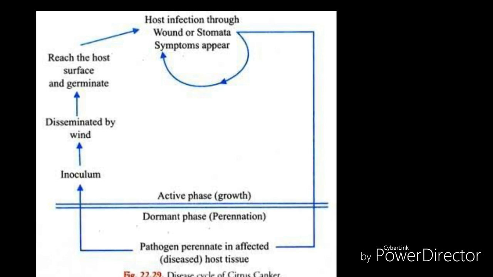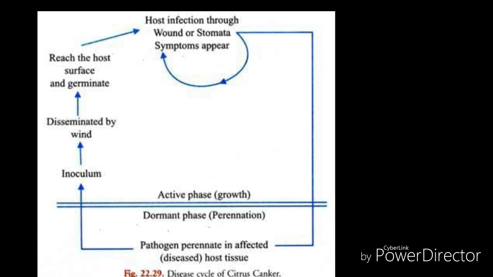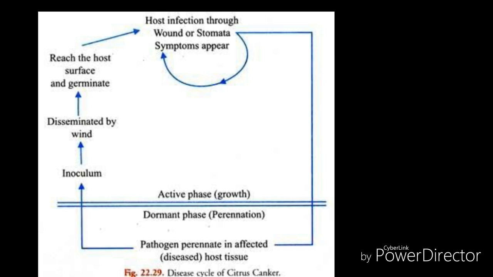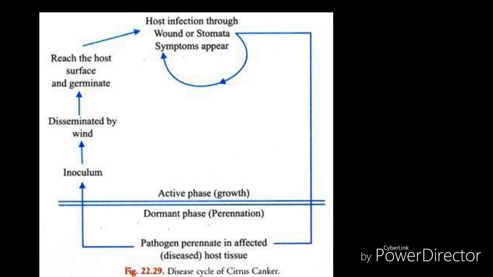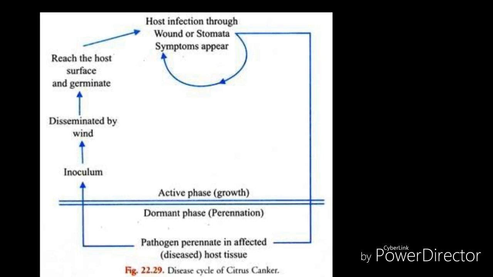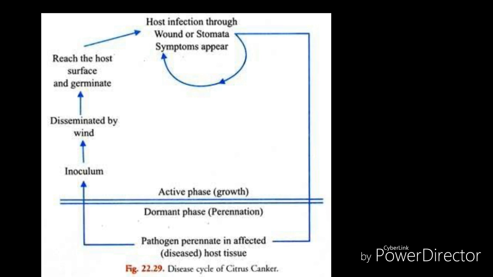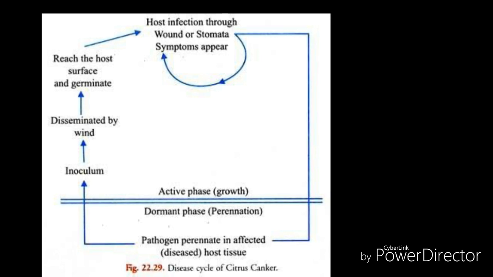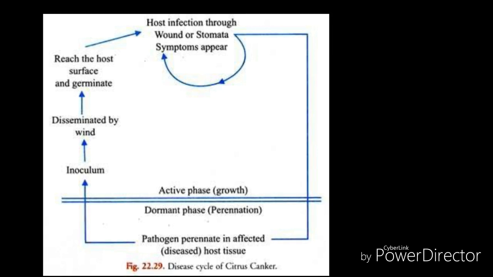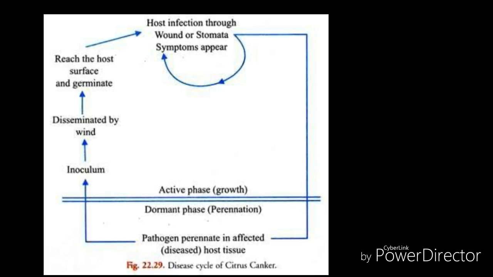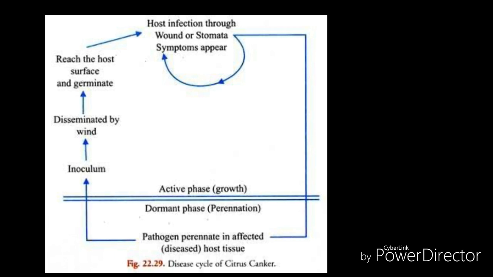After the dormant phase breaks, it becomes inoculum, and this is the active phase. It then disperses by wind, reaches the host surface, and germinates, and the second cycle begins. The second cycle is the same as the first, and the same process follows again and again. So that is the disease cycle of citrus canker, and I hope you get it.